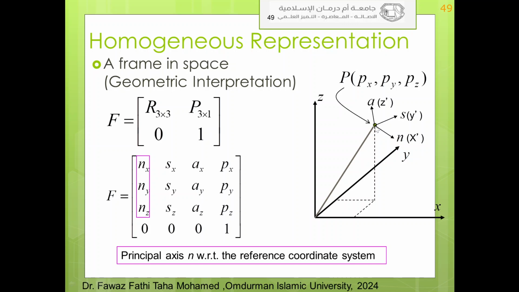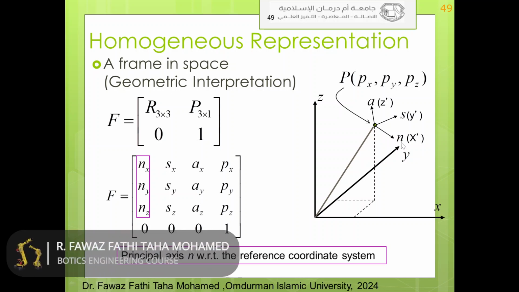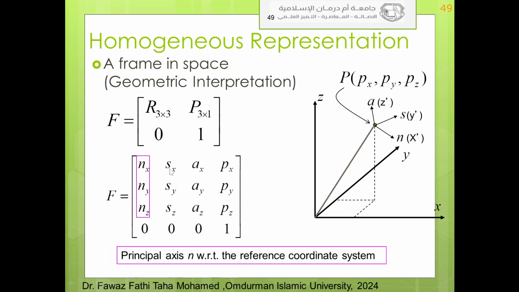We have to find its value. It's the projection of the n vector with respect to x, y, z, for the s vector with respect to x, y, z, and so on.